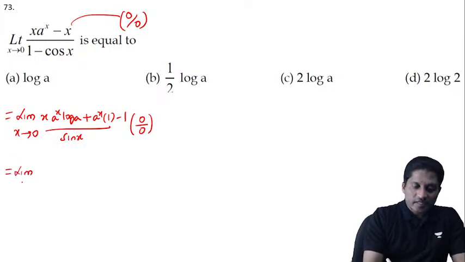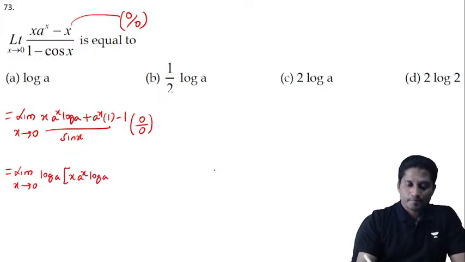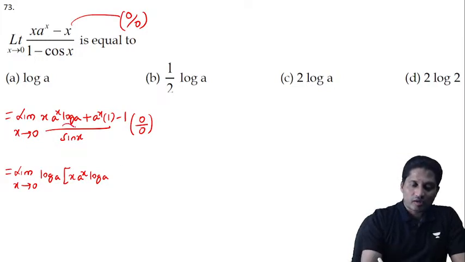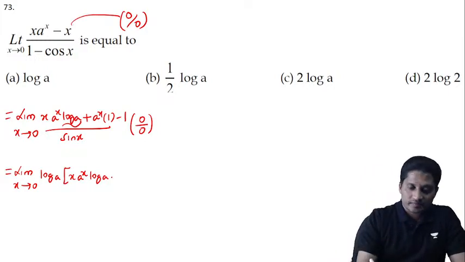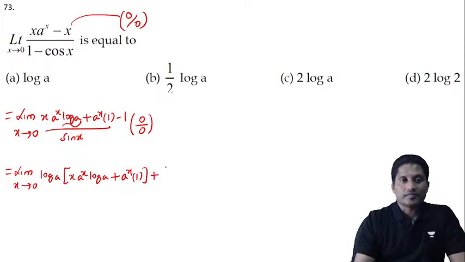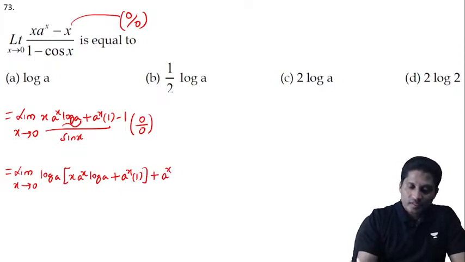This is limit x tending to 0. Log a is a constant, I'll keep as it is. Now use the product rule. This is u into v dash, a power x into log a to the base e. Log a I took out, I'm using the product rule for x into a power x: u into v dash plus v, a power x, and differentiation of x is 1. Differentiation of a power x is a power x into log a to the base e.